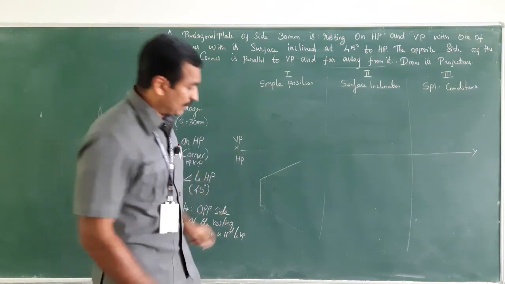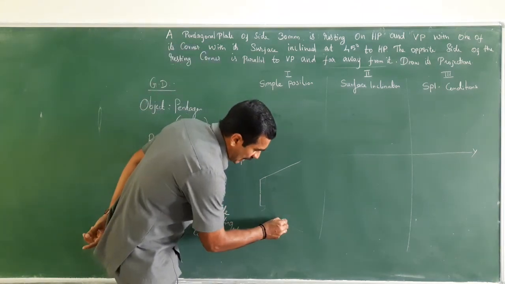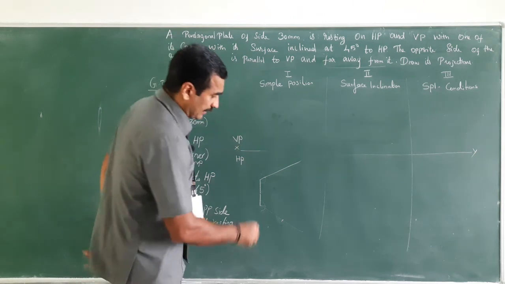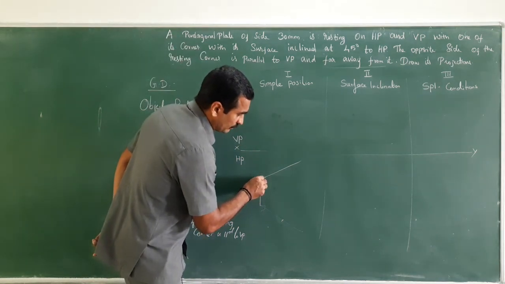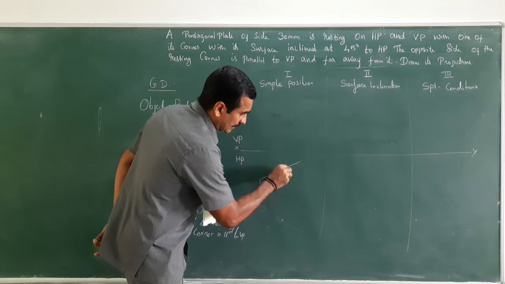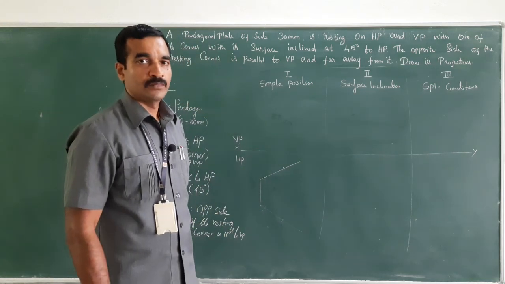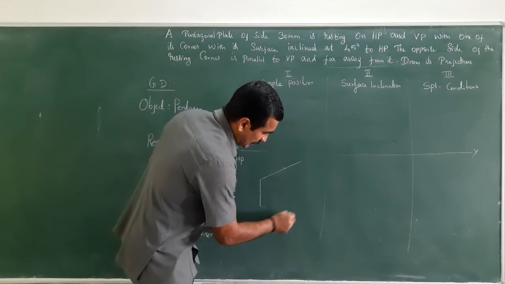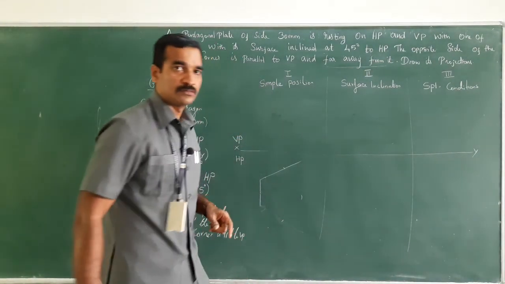Now take 30 mm, that is the side of the pentagon, in your compass, keep it at this point, cut an arc. Now without changing the radius, that is 30 mm, keep it at this top corner and cut an arc. Now without changing the radius of 30 mm, keep it here and cut an arc.